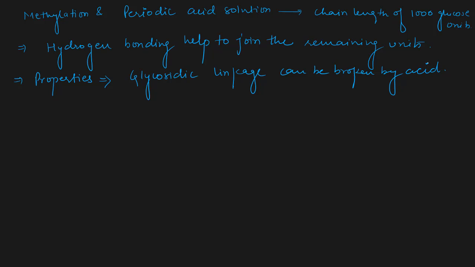Each glucose unit in cellulose has three free hydroxyl groups, and these are the positions at which reaction occurs. Three free hydroxyl groups are the site for reactions.